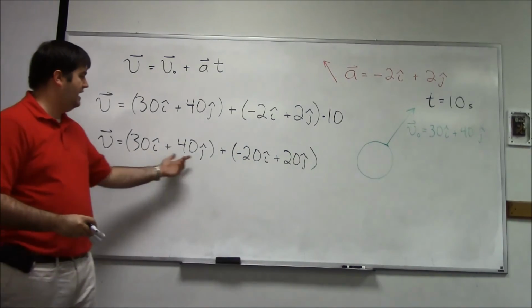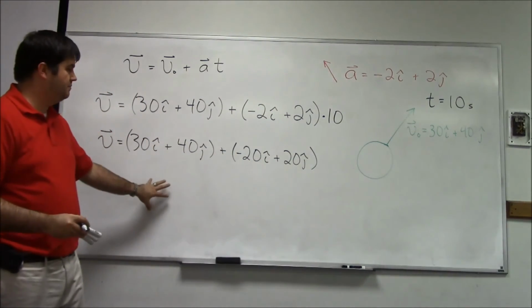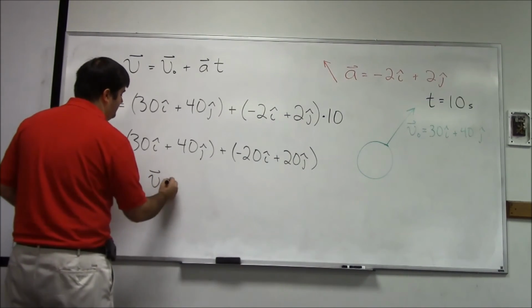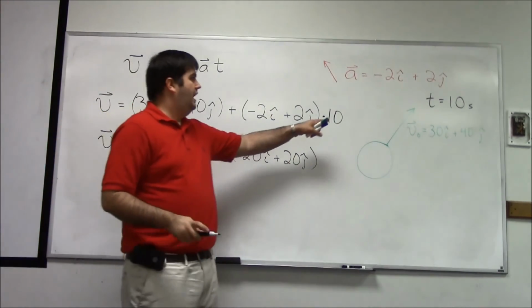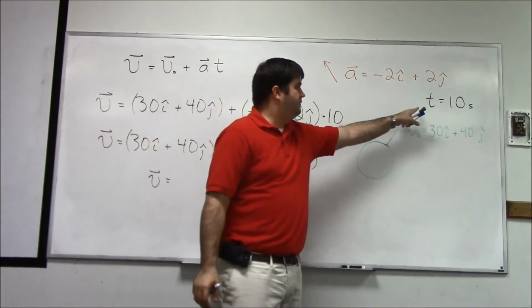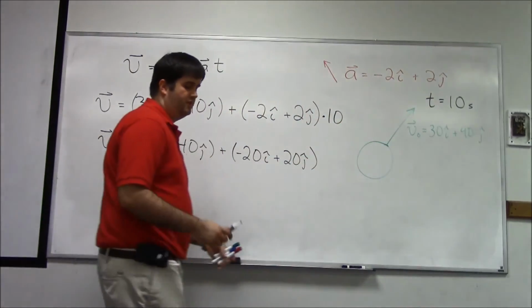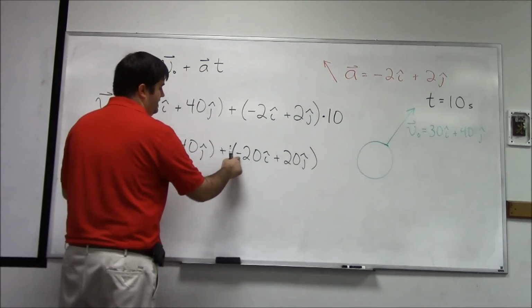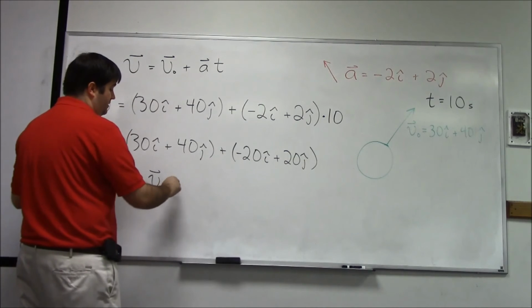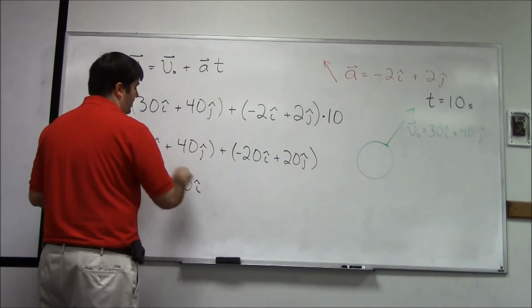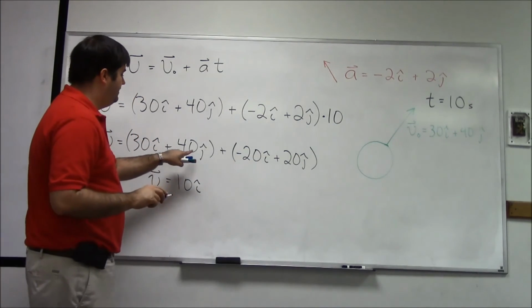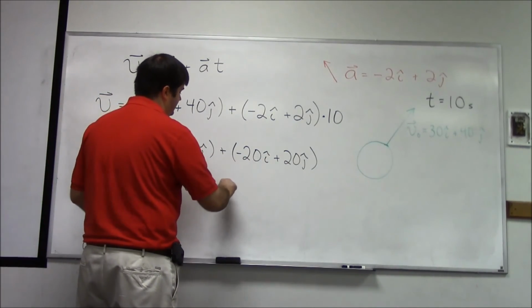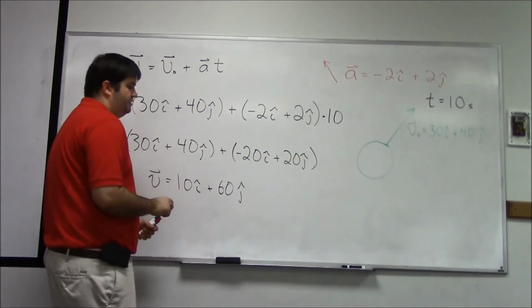I can combine the i hat pieces to get a final i component, and ditto with the j pieces. And so my final velocity vector, after this much acceleration for this much time, starting from this initial velocity vector, is 30 plus negative 20 i hat. So 30 minus 20 is 10 i hat. And then 40 plus 20 is 60 j hat.